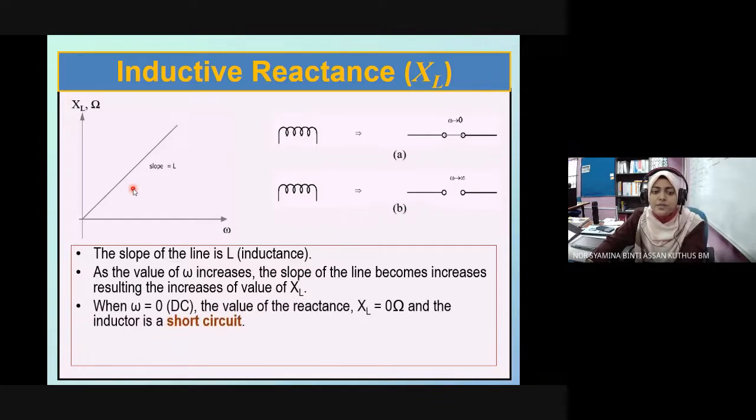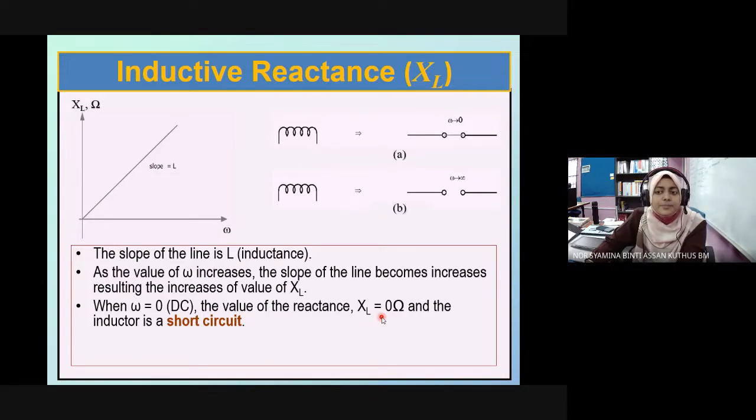So if the frequency increases, the inductance effect increases, and the final result is that the inductive reactance will also increase. If omega is 0, which happens with direct current, the value of the reactance XL becomes 0 and the inductor is a short circuit.